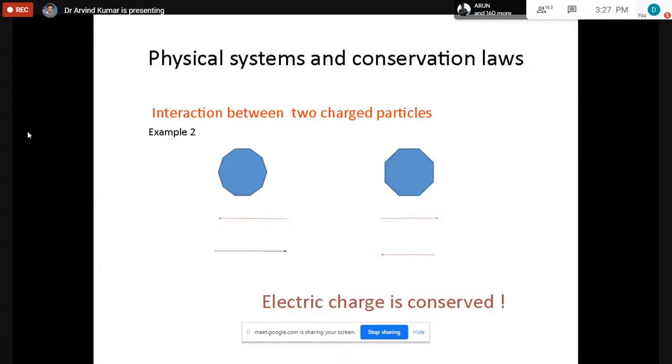So the interaction between two particles is also described in terms of conserved quantities. That's a basic fundamental principle in the way we approach particle physics. So we look for what the conserved quantities and conserved symmetries are and how things change. I'll tell you, actually. The next slide, please.